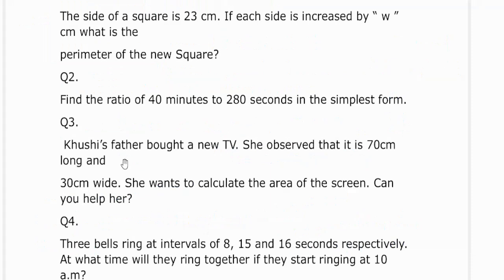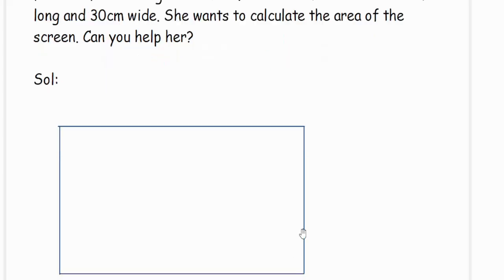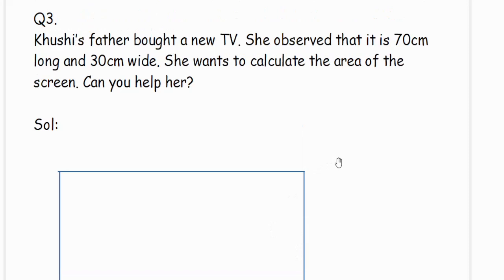And the third question: Khushi's father bought a new TV. She observed that it is 70 centimeter long and 30 centimeter wide. She wants to calculate the area of the screen. Can you help her? We can draw a picture. As per the question, the TV is 70 centimeter long and 30 centimeter wide.